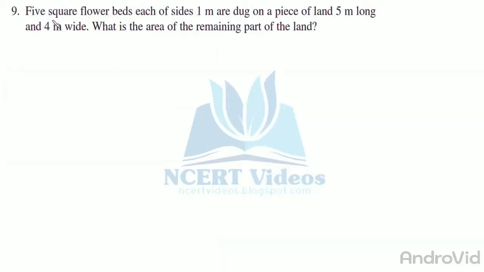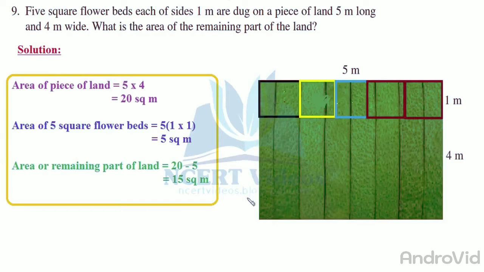Ninth, 5 square flower beds, each of sides 1 meter, are dug on a piece of land 5 meter long and 4 meter wide. What is the area of remaining part of the land? So this is your part of the land. This is the piece of the land, and 5 square flower beds were dug on this piece of land.